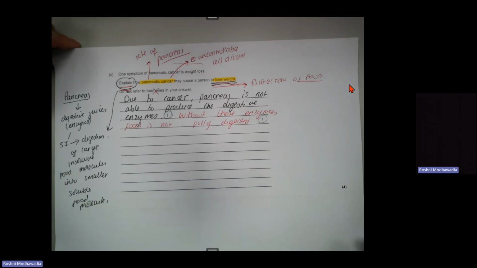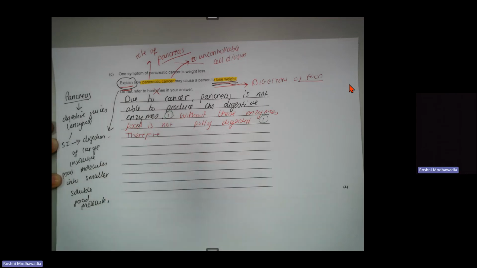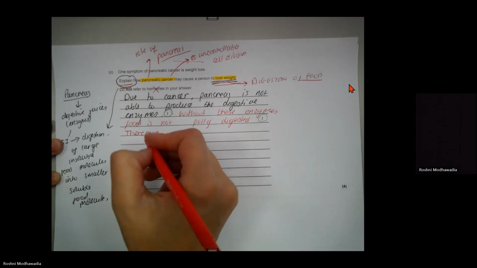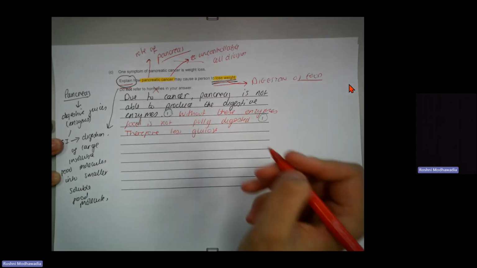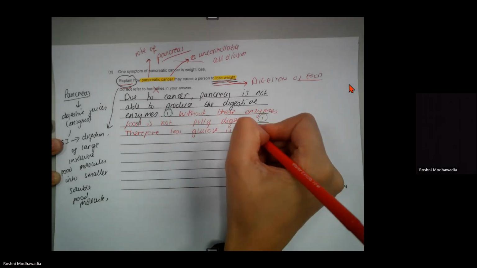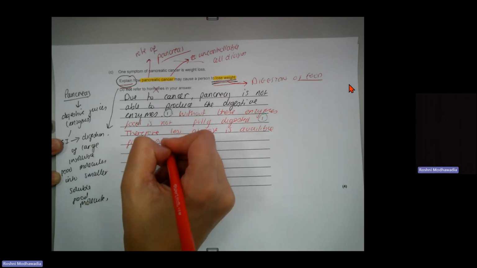Because this food is not fully digested, therefore less glucose is available for respiration now.